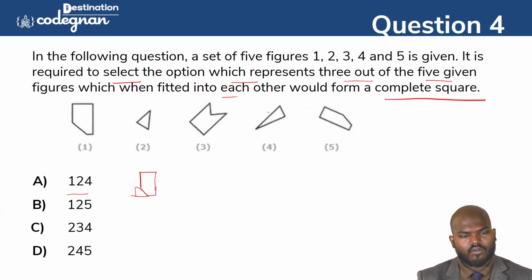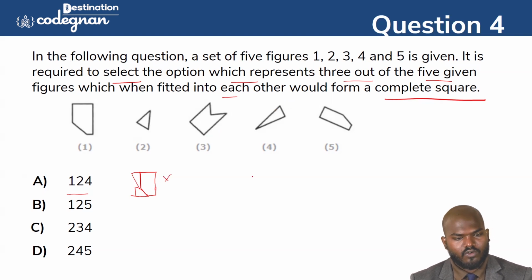And the 4, you see this one, it will come like that. It is not matching. Next one, 1 2 5.